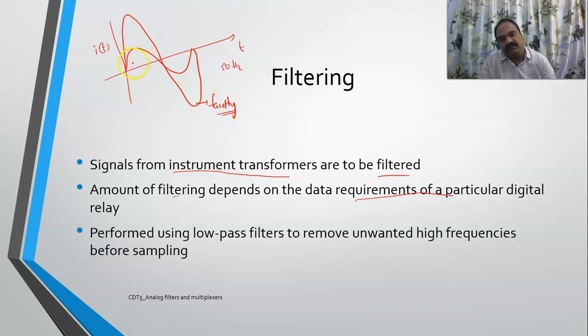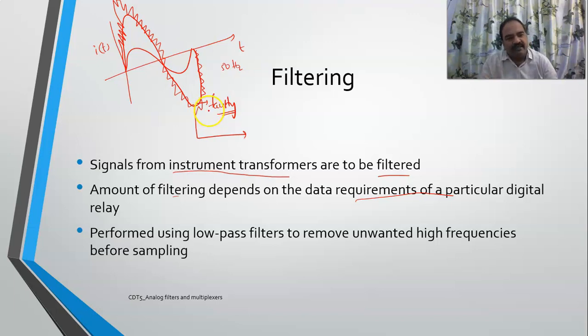Now let us suppose you have another signal which is just like this. This is also a sinusoidal signal, but the fact is that it is a combination of too many frequencies. If you perform Fourier analysis, you can identify that this is a sinusoidal signal, but a combination of different frequencies.